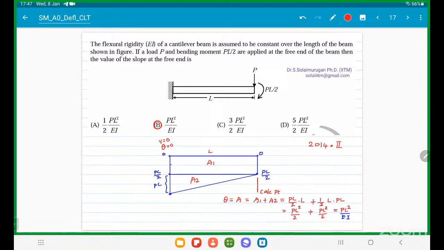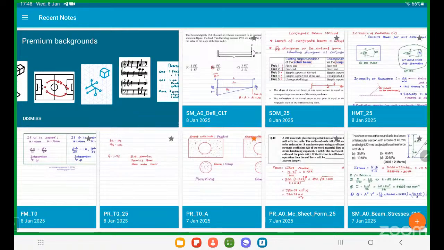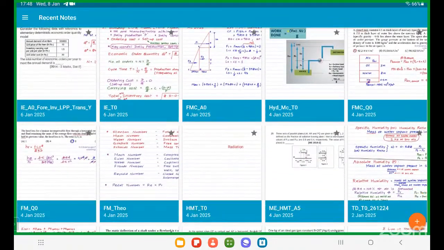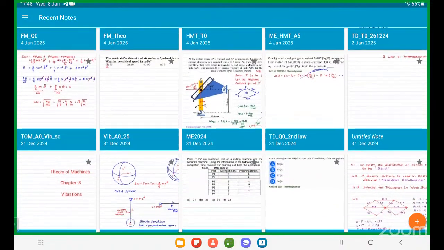Okay. So far, in the deflection, two areas are not asked. Only for the slope, they have asked two areas, A1 plus A2. It is easy, right? But for deflection, if two areas are available, it means A1 into X1 bar plus A2 into X2 bar. Okay, so don't forget. I cannot show this example in our GATE questions because it is not asked so far. Anyway, I will try to show you one situation I discussed in the classroom.